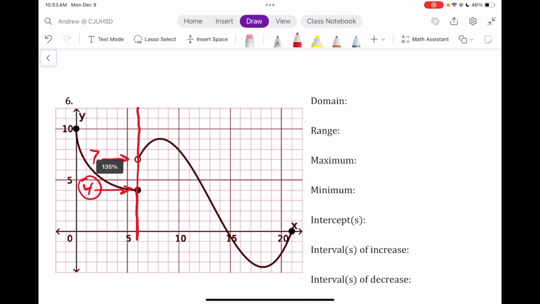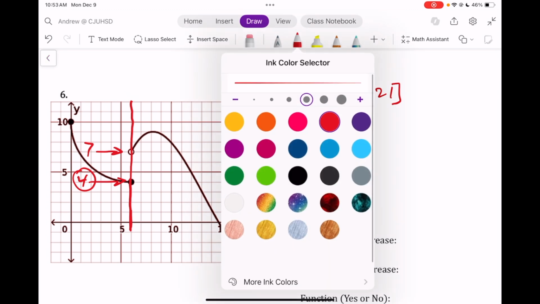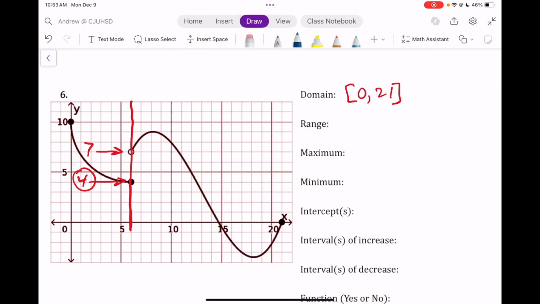Well, we just looked at the domain and the range here. So the domain, everything is covered from 0 to 20, actually 21. Everything is assigned from 0 to 21. The range, though, the range goes from a minimum down here. It's not at the end point.